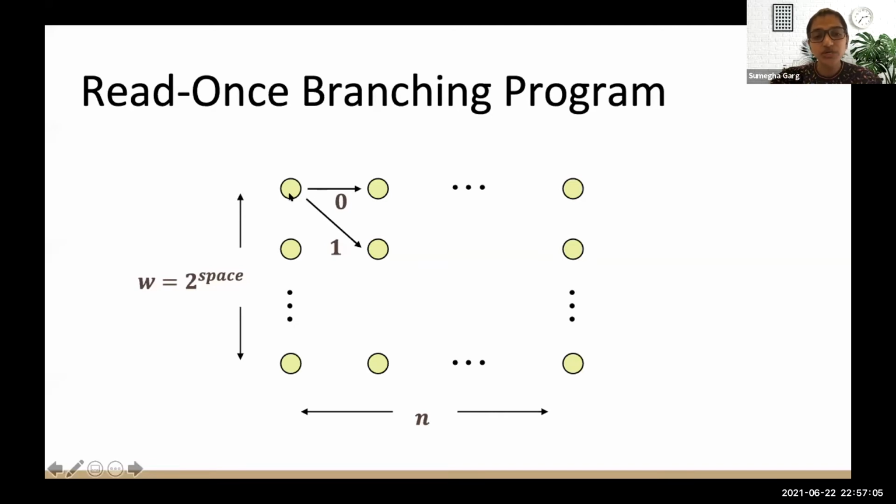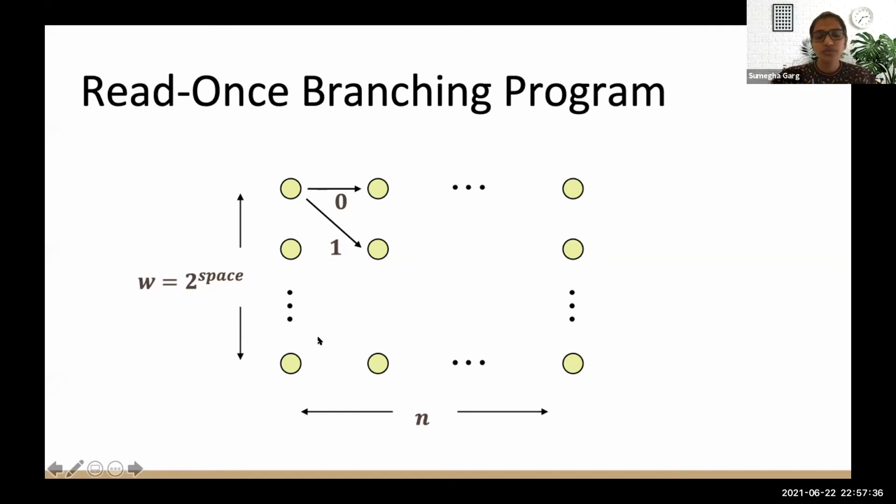Each node represents a state of the read-once branching program, and the ith layer represents the states the program can be in after reading i bits of the input. For example, an edge is present from this state to this state labeled by 0 if the program transitions from this state to this state when it reads the input bit 0.